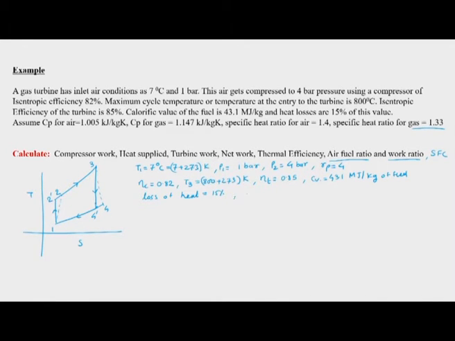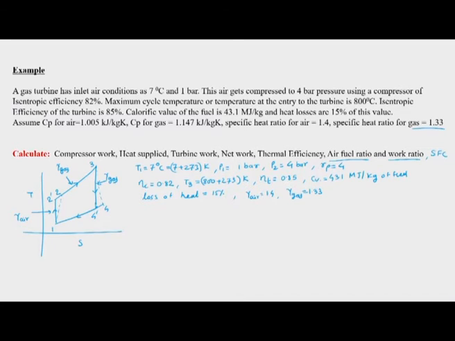We are also given that gamma for air is 1.4 and gamma for gas is 1.33. Here we have to keep one point in mind. In the compressor section we use gamma for air, in the combustion section we use gamma for gas, and in the turbine section we use gamma for gas.